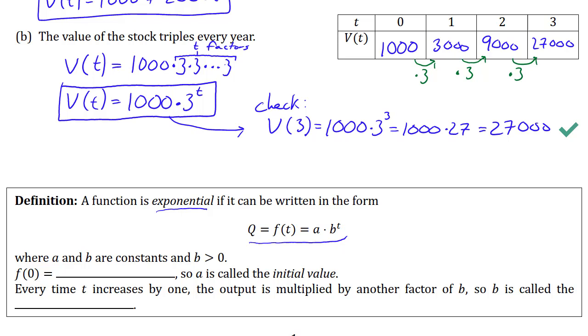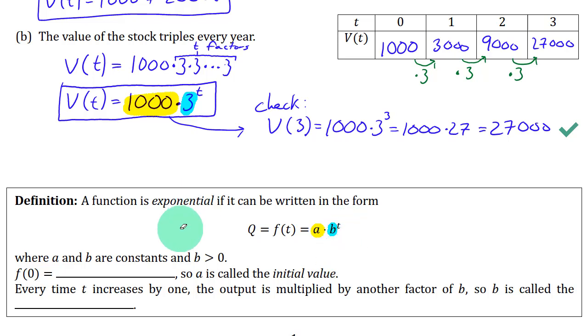The a in this case is 1,000. That's like the a we had. And the b in this case is that 3. So this is an example of an exponential function. The important thing is that the variable is the exponent of the thing.